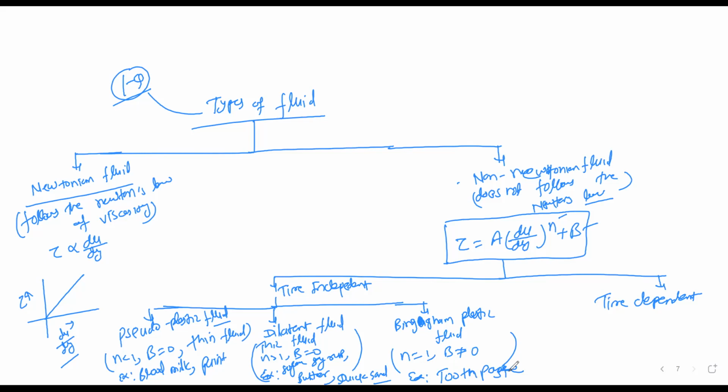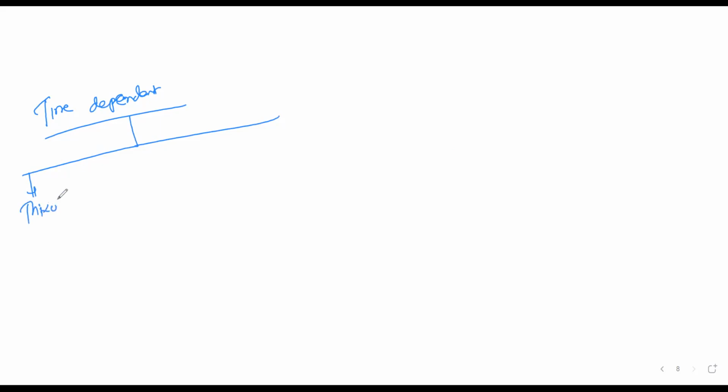Next, we have time dependent fluids, which are divided into two types. The first type is thixotropic, and the next is rheopectic fluid.